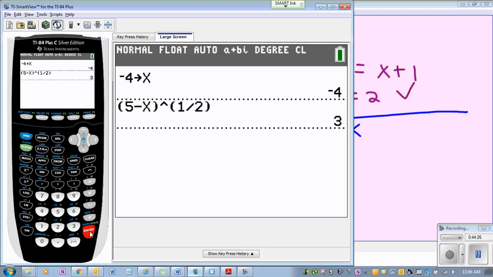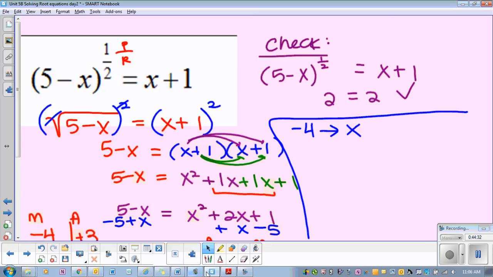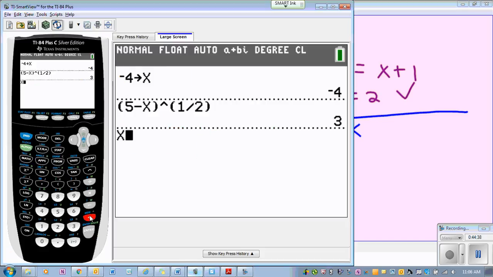Right? I got 3. Yeah? Okay, so now I'm going to check the other side. The other side of my problem says x plus 1, right? X plus 1. Since I'm using the same negative 4, what do I get? Negative 3. Well then, does 3 equal negative 3? No.